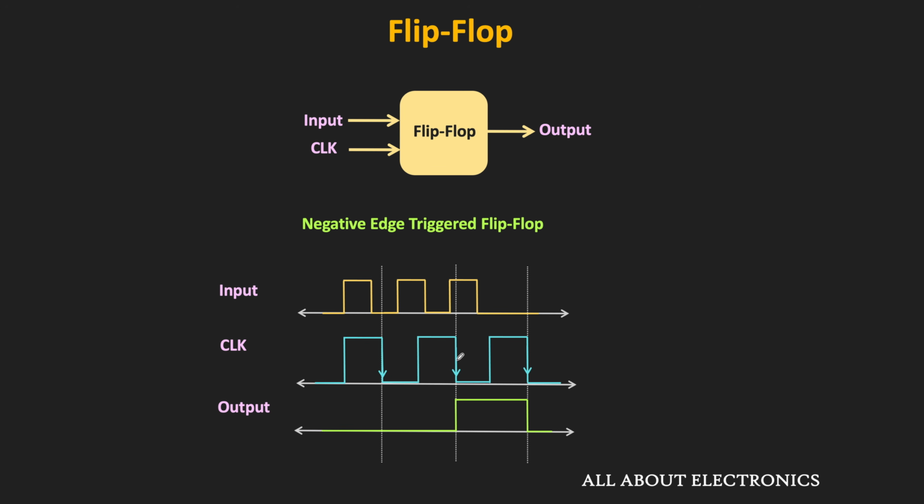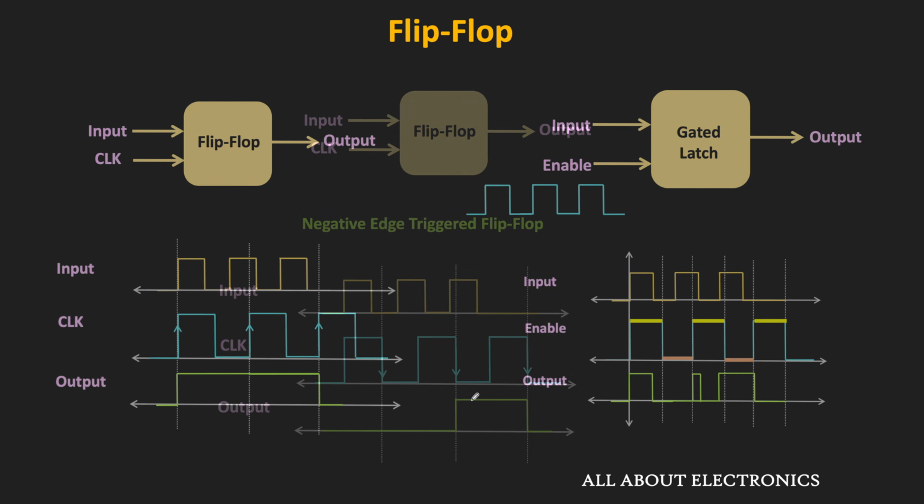So since the input is high, the output will also become high. And it will remain in this state until the next falling edge. So in between the two falling edges, even if the input level changes, this flip-flop will not respond to that input level change. And at the next clock transition, the input becomes low. That means now the output of the flip-flop will also become low. So overall, this is the output of this negative edge triggered flip-flop.